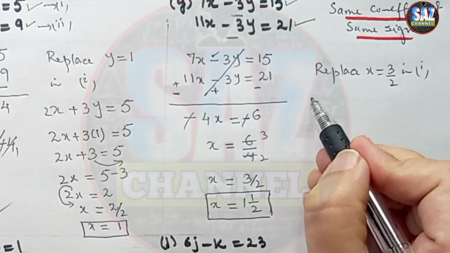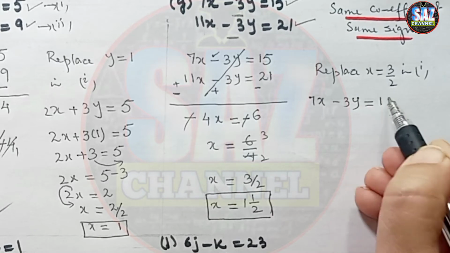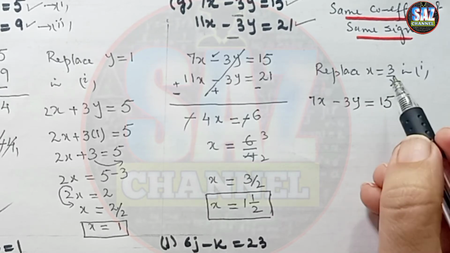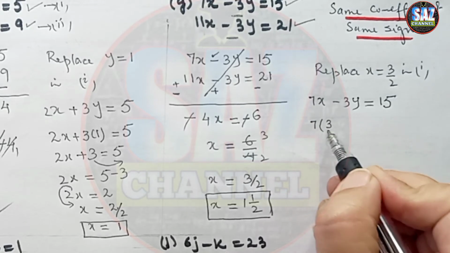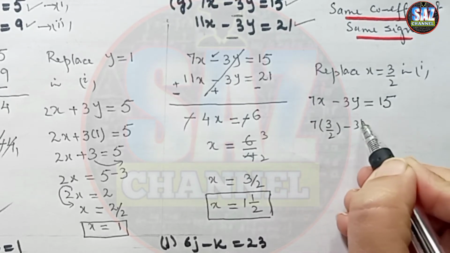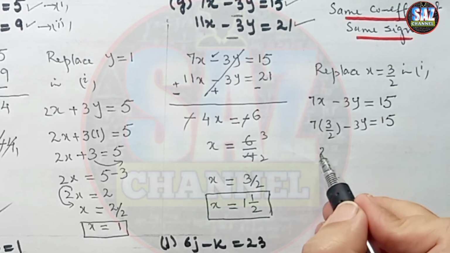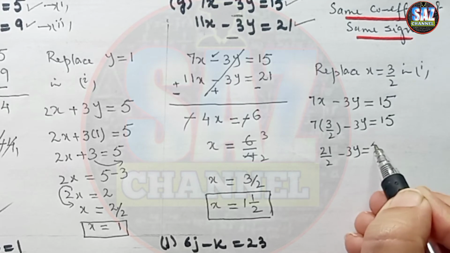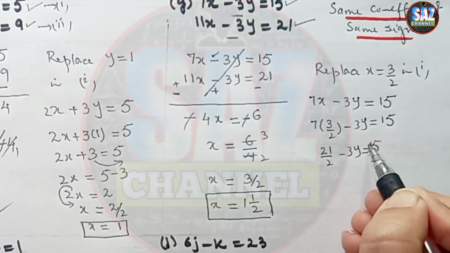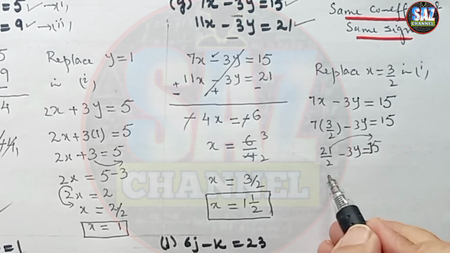So the equation will take the form 7x minus 3y equals 15, and x has the value 3 by 2. 7 into 3 by 2 minus 3y equals 15, 21 by 2 minus 3y equals 15, and now shift 21 by 2 to the other side.